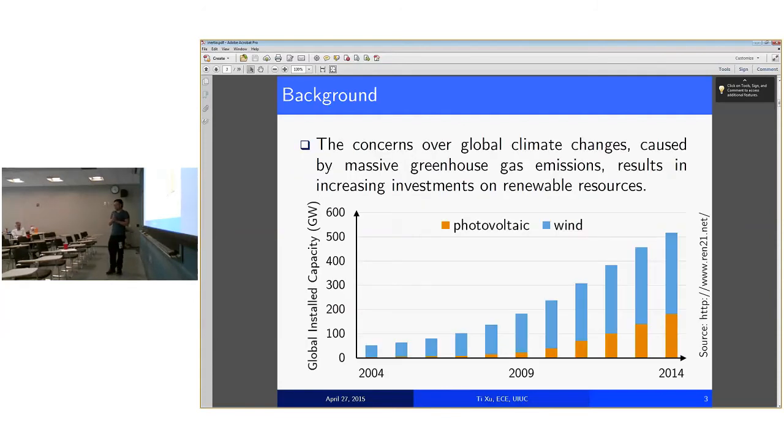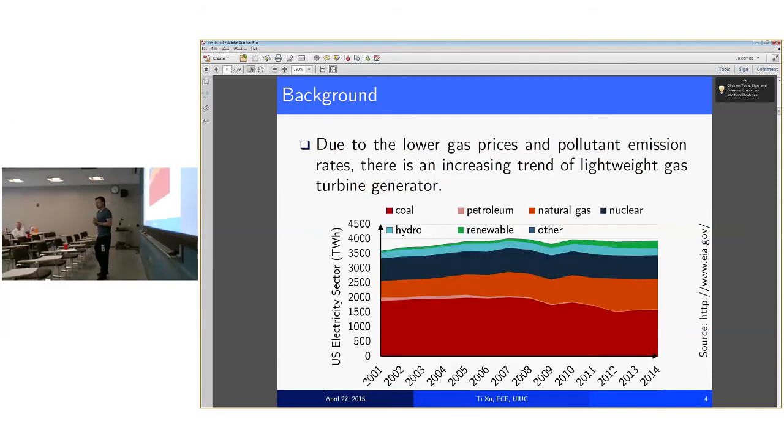There's a lot of wind power and solar power integrated into power systems. They have inertia, but it's very, very small. And the gas price is going down, so there are a lot of gas turbine units replacing the coal plants.